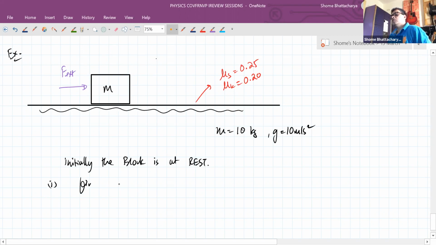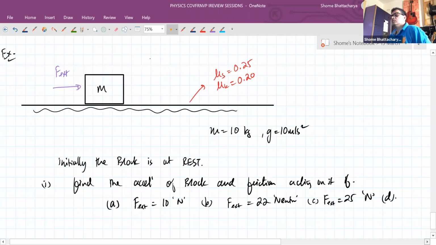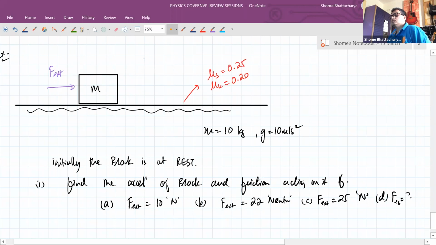So first of all, we want to find out the acceleration of the block and the friction acting on it, if the magnitude of this external force is equal to the given values in each of these.